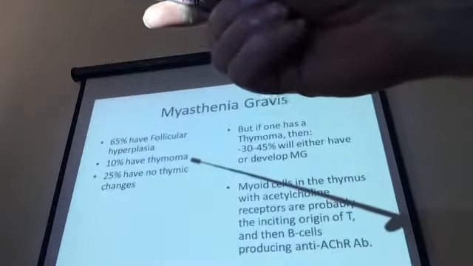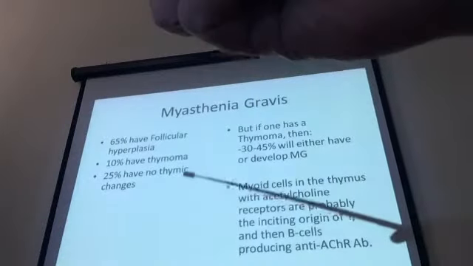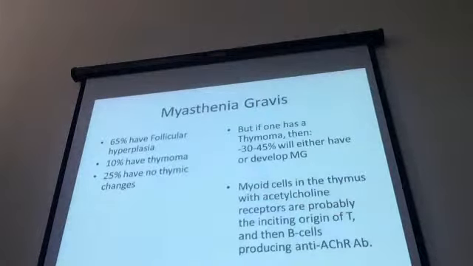Only 10% have a thymic tumor. So overall, that is rare in myasthenia gravis. And a large number, 25%, have no pathology at all.